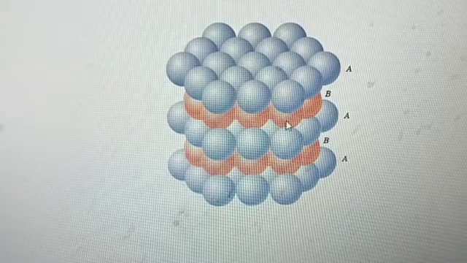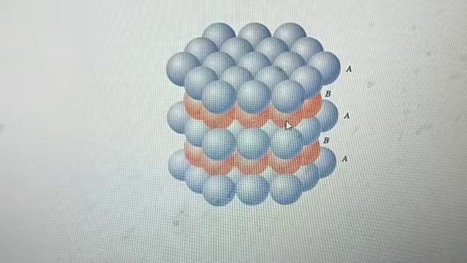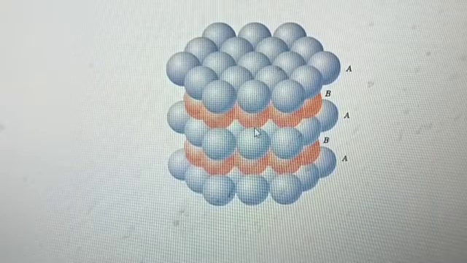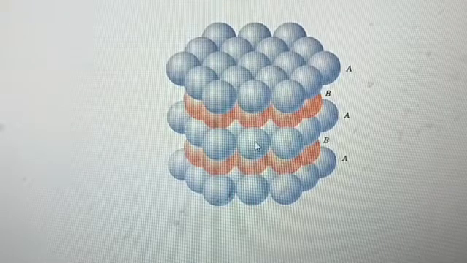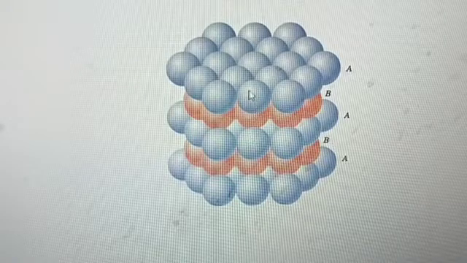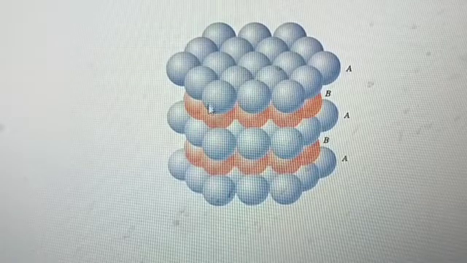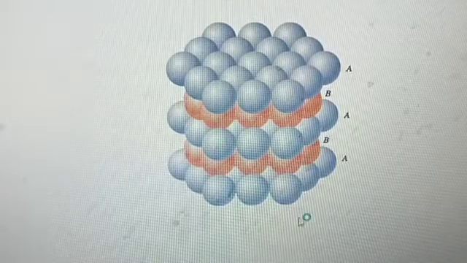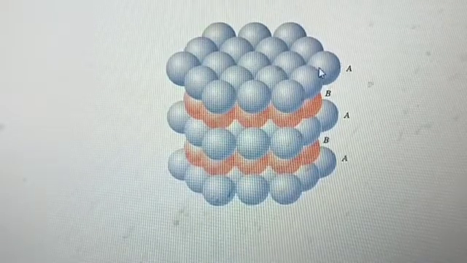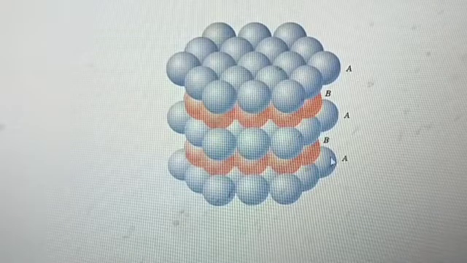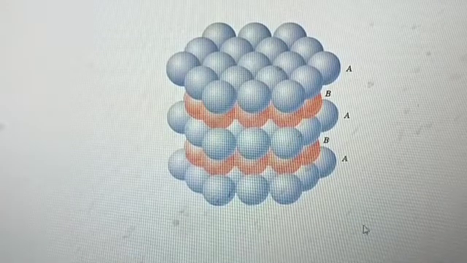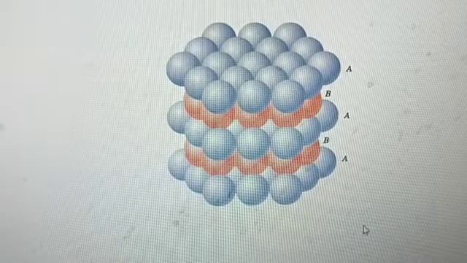So if we want to cover the tetrahedral voids, the third layer should align with the first layer. That means the positions of the first and third layers should be the same, the arrangement of the constituent particles should be the same. First and third, in the same way third and fifth, again fifth and seventh. So the first layer will be exactly the same as the third layer, the third layer exactly the same as the fifth layer, the fifth layer exactly the same as the seventh layer, like that.